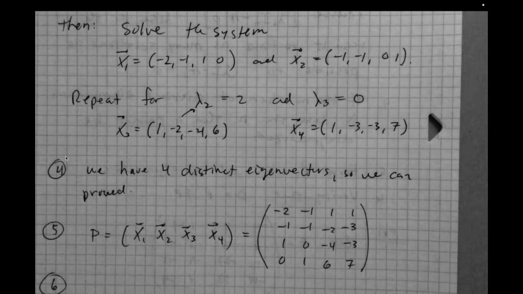Once we've got our matrix P, we know that P has an inverse because it has 4 distinct eigenvectors, so it's full rank.